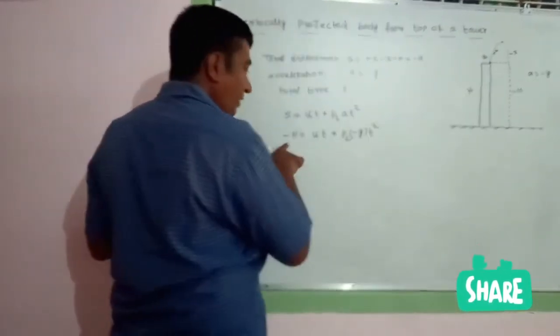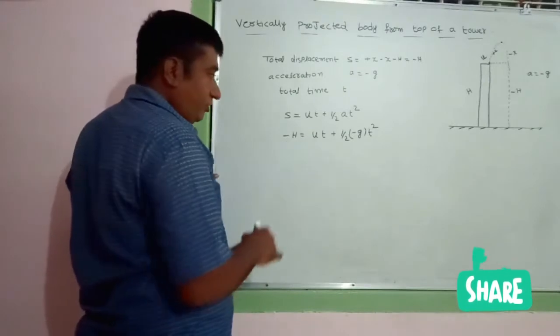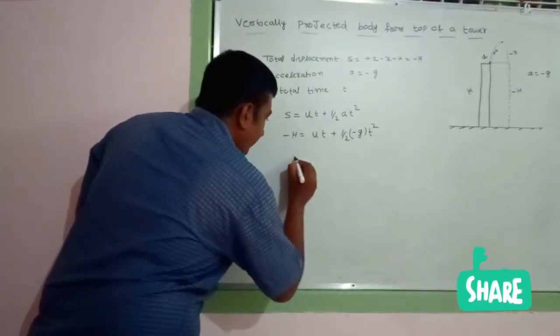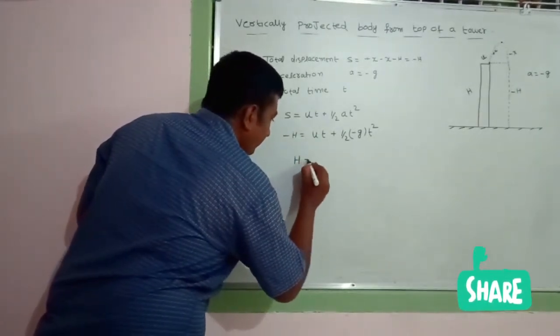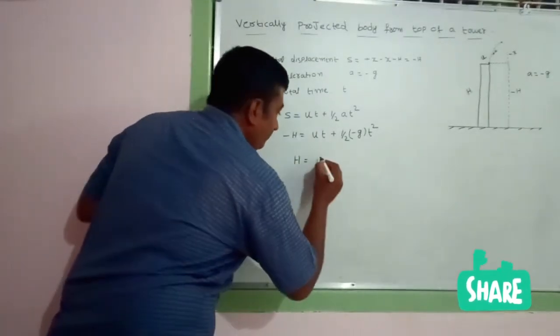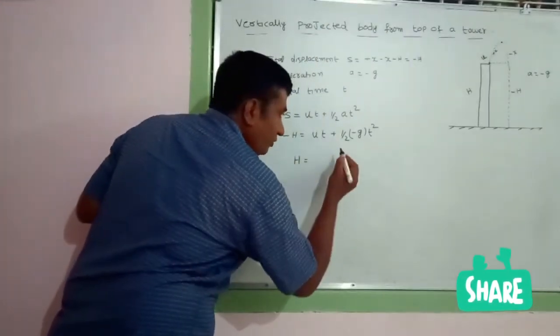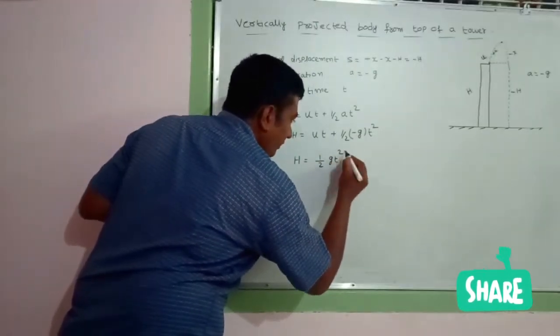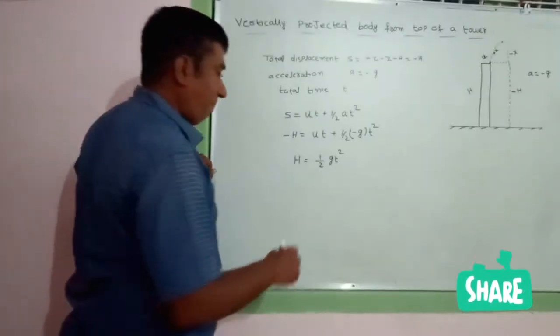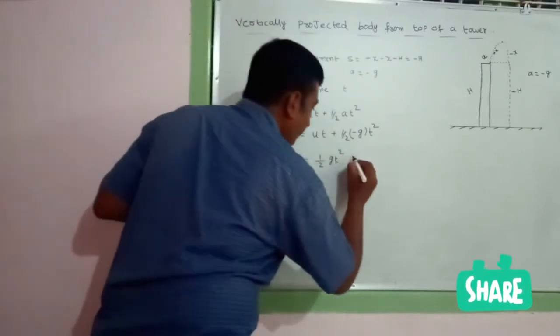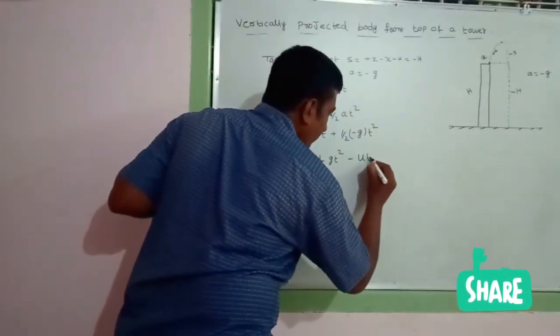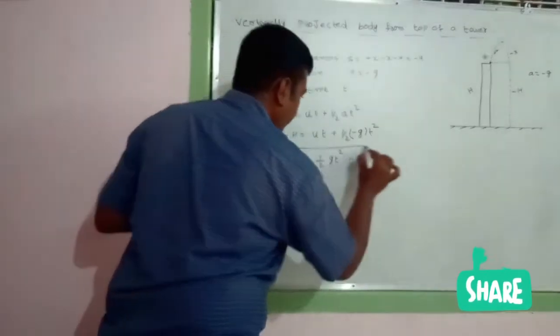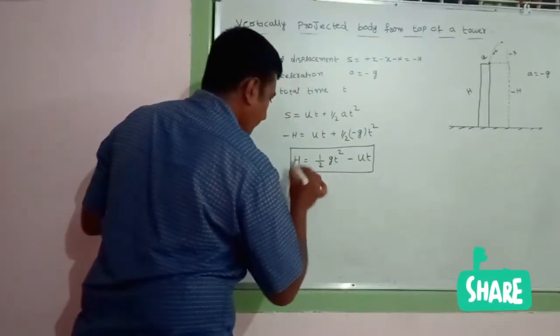To remove the minus, we multiply both sides by minus. I get h is equal to, minus of minus plus, half g t square minus ut, which we can obtain.